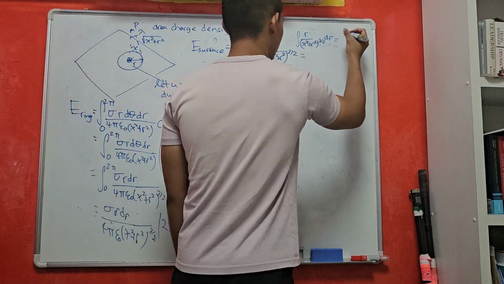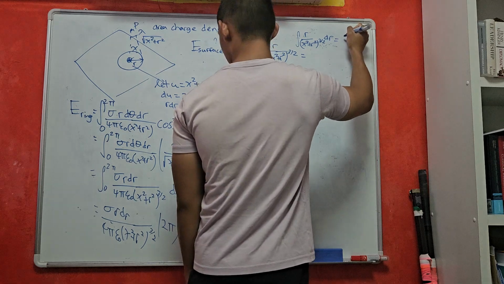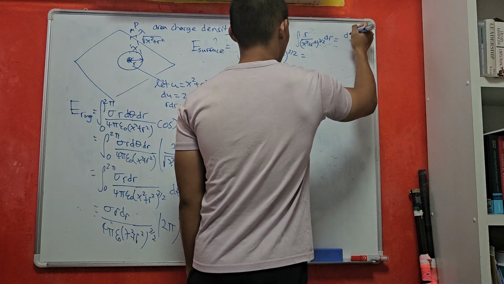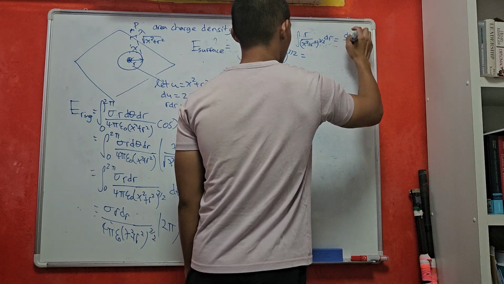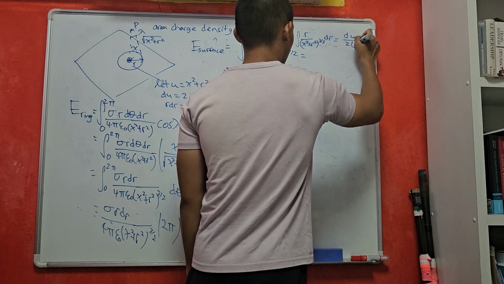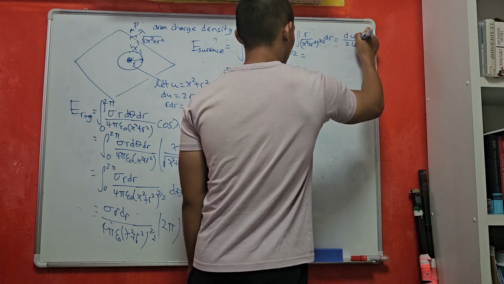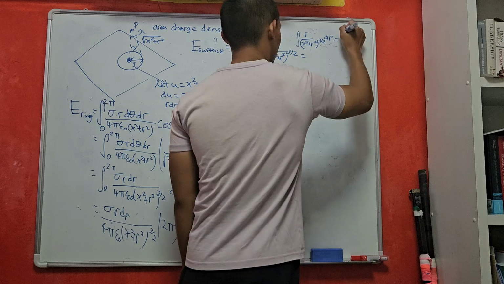Substituting this in, it will be equal to du over 2 over u to the 3 over 2.